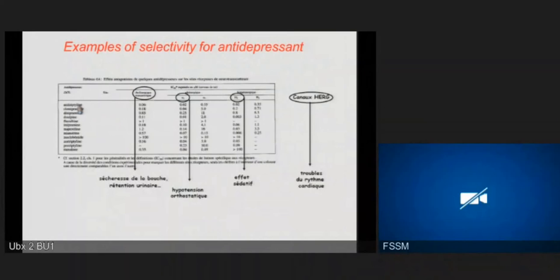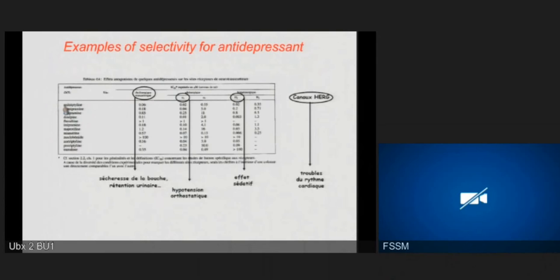On the left part, you have different names of antidepressant drugs, starting by amitriptyline, clomipramine, desipramine, doxepin, fluoxetine, imipramine, etc. These molecules are antidepressants but belong to different classes of antidepressant drugs.